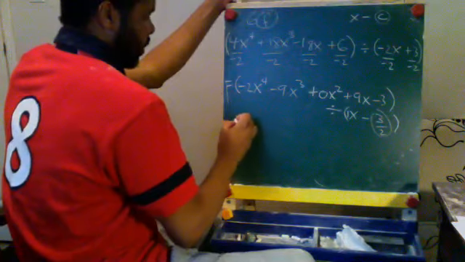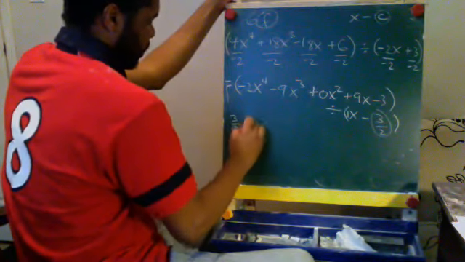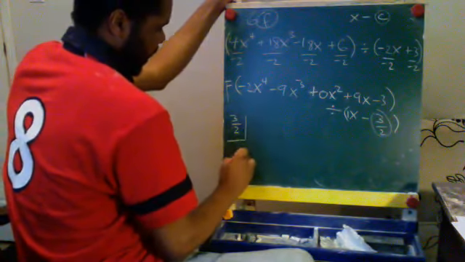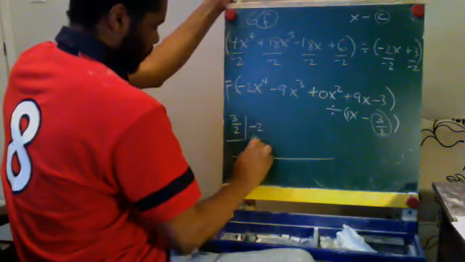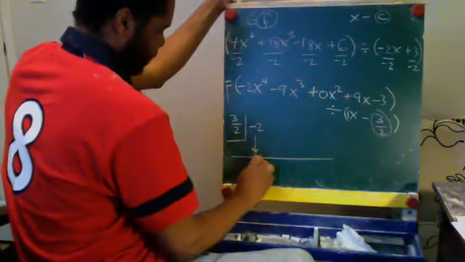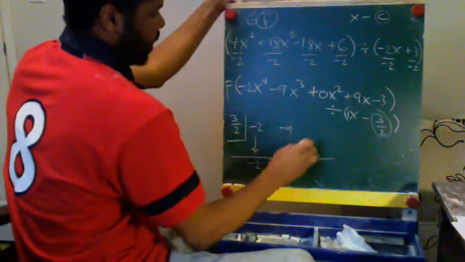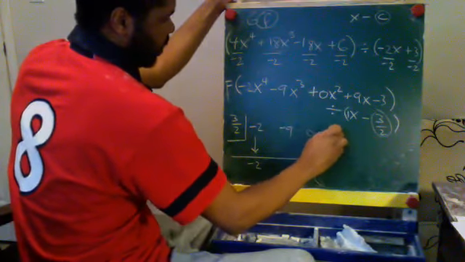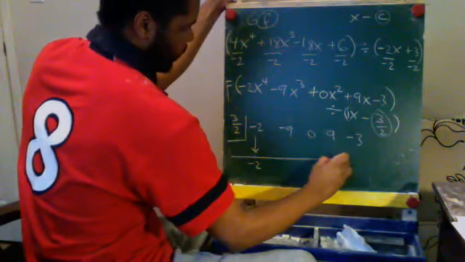All right, so now I'm going to do that. So now I have 3/2, right? And I want to get all my coefficients. -2, I'm going to carry down. -9, 0, 9, and -3.